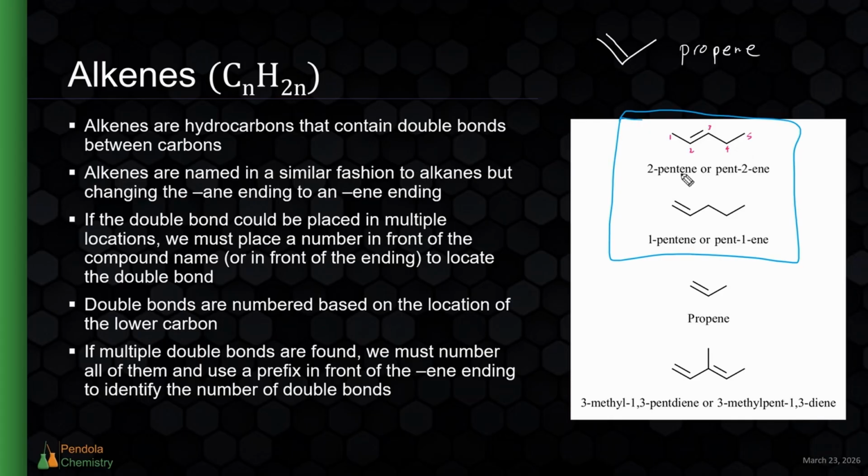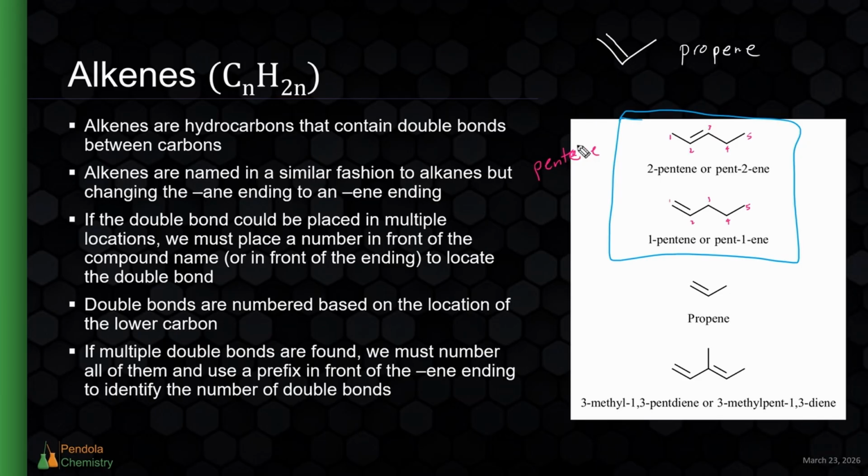That will be pent-ene instead of ane because we have a double bond. So both of these are pentenes. But what's the issue? We can't just call them pentene, because that would assume they're the same molecule, and they're not.